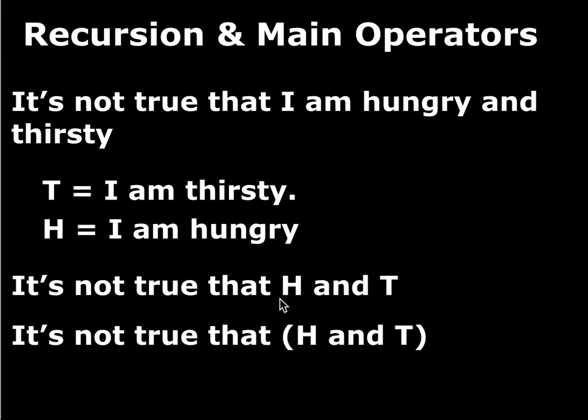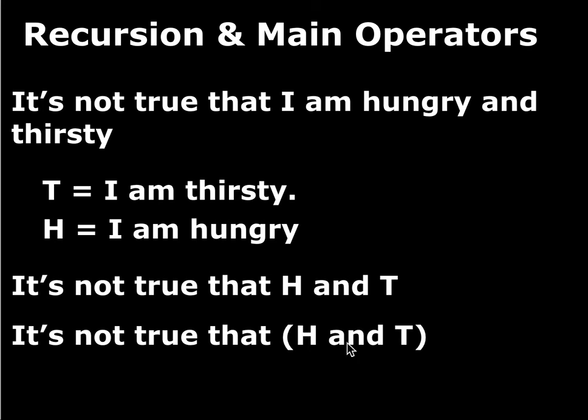Now, the way to do this, and I'll talk about how we know this in a minute, you might think this is ambiguous, and this one actually is, but this one up here isn't. And I'll talk about that next. But what this is actually saying is it's not true that conjunction. So it's saying this conjunction is false.